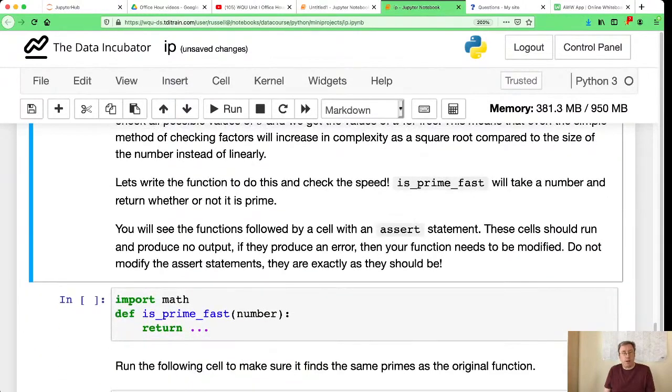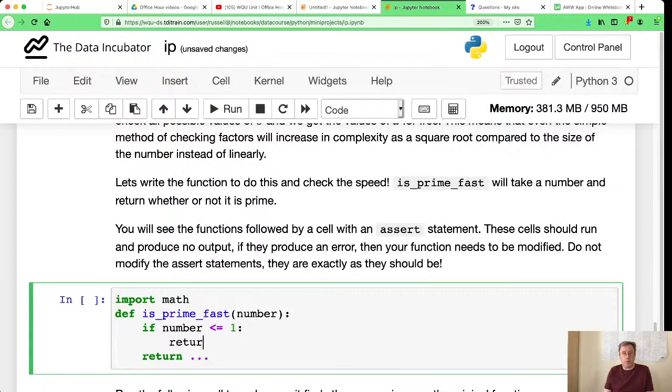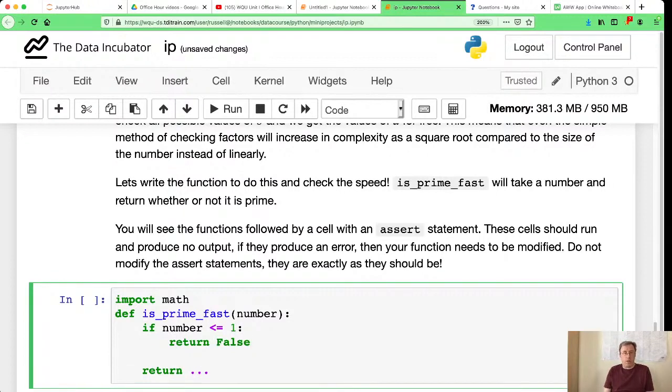So we could speed up our isPrime and write a new function. Like, for example, we could say if number is less than or equal to 1, let's return false. If number equals 2, return true.